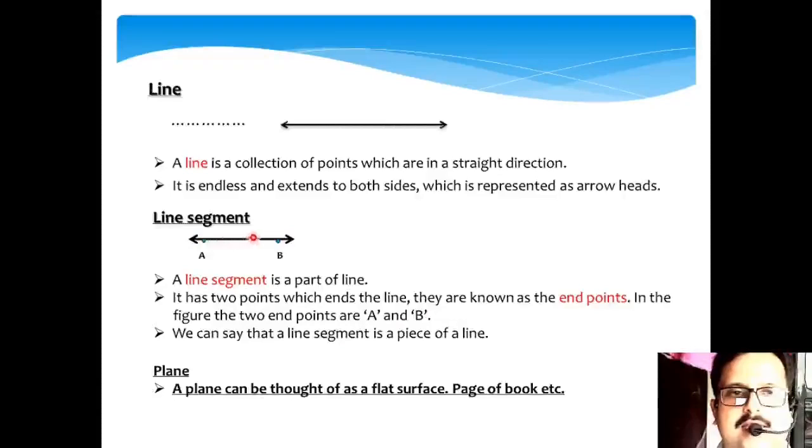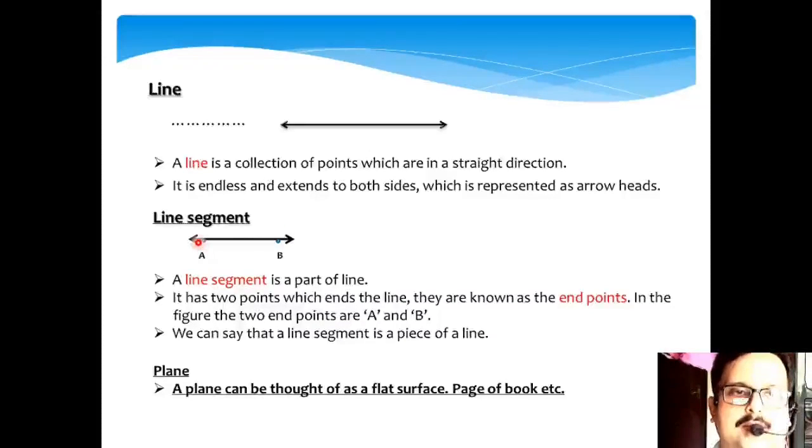We are just taking a small part of it and marking those points A and B. These two points are known as the endpoints. It is called an endpoint because it is the end of the small piece of the line.